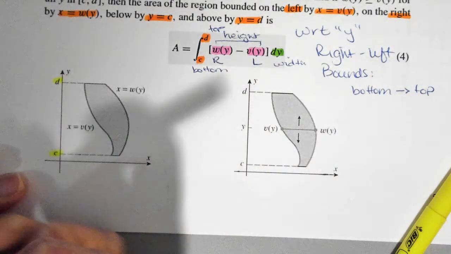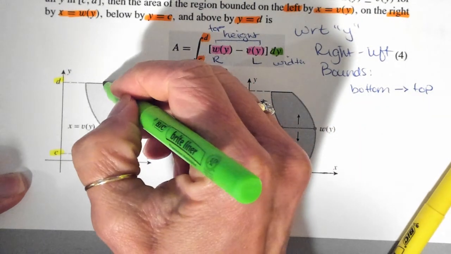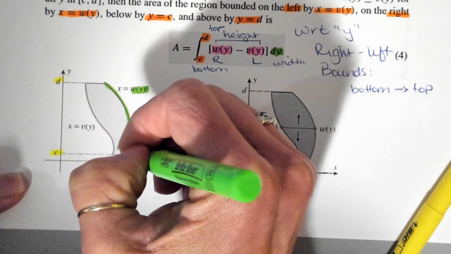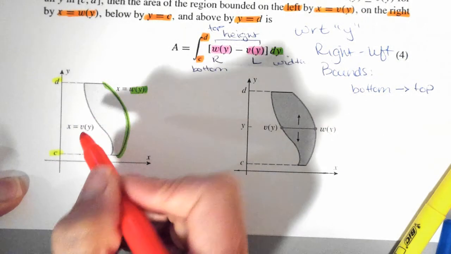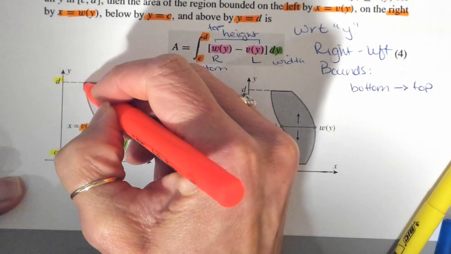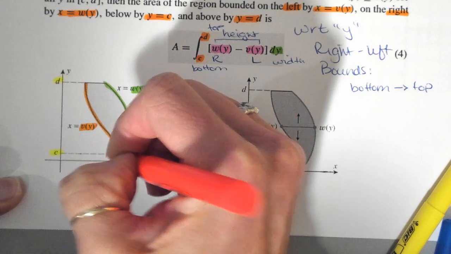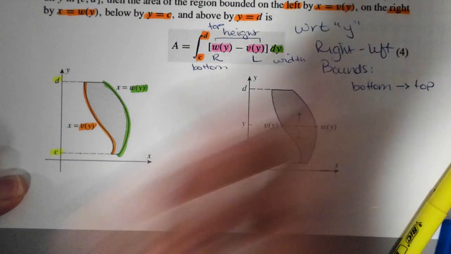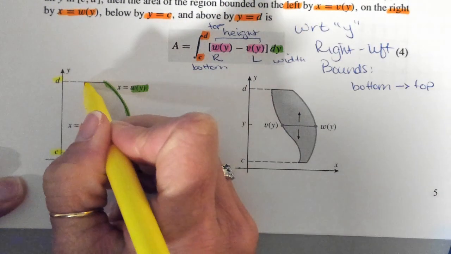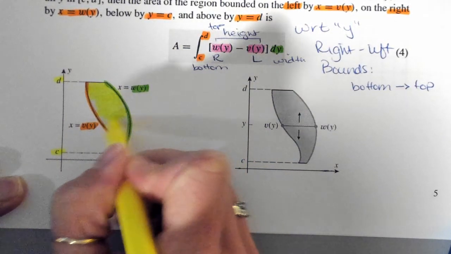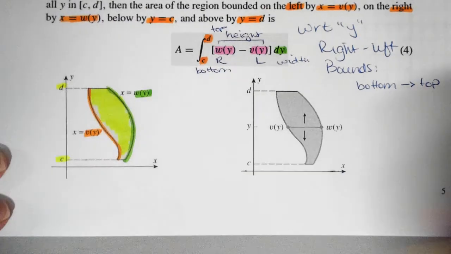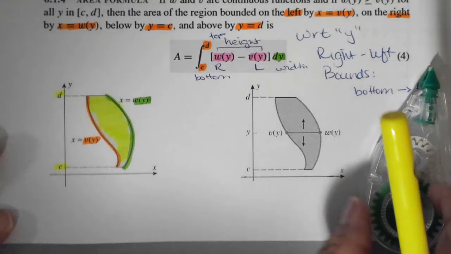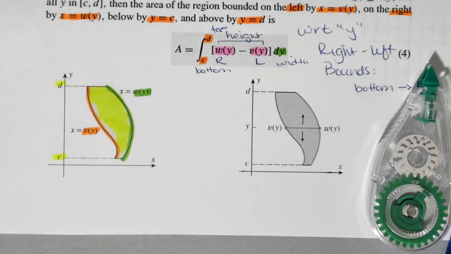This is your right function. This is your left function. This is why you have to graph it sometimes too. You've got to see what's going on because you might not know. And we're looking for the area in between. So you need to make sure that when you are doing this, you are reading very clearly what you should be doing.